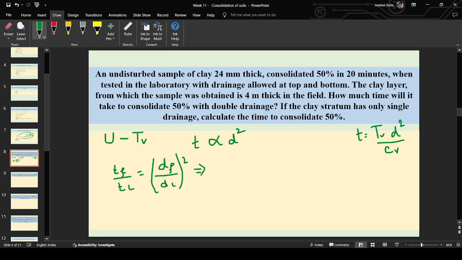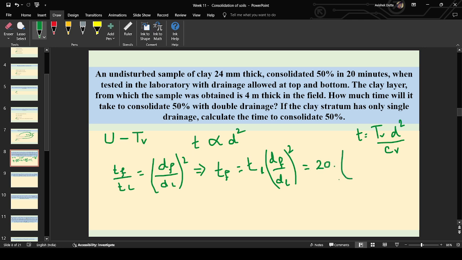Now sorting it out, time in field will be equal to time of consolidation in the lab into drainage length in field divided by drainage length in lab whole square. Now the time taken in lab, it has taken 20 minutes. First keep it in minutes, 20 minutes.